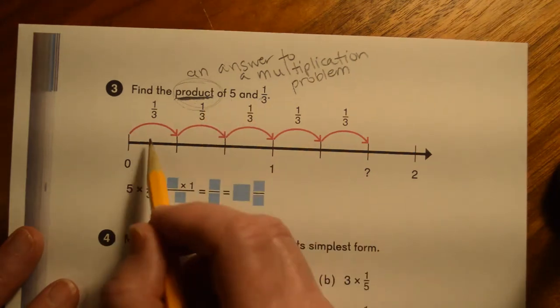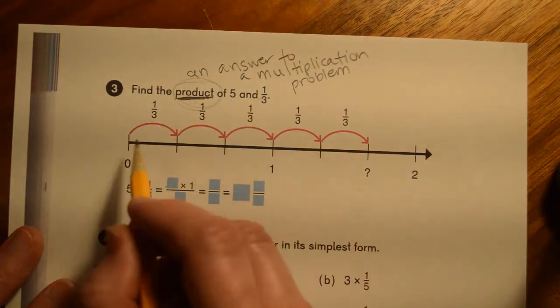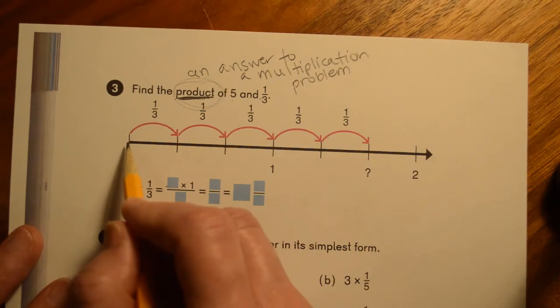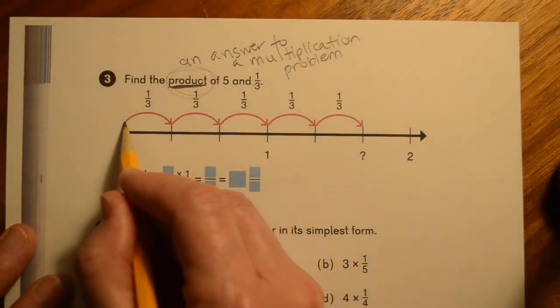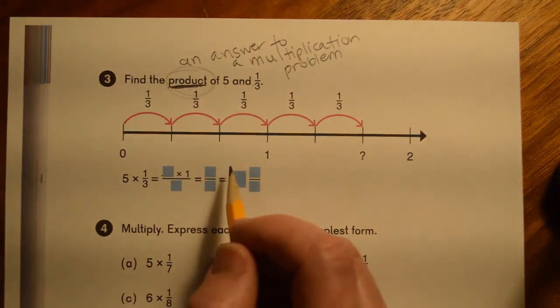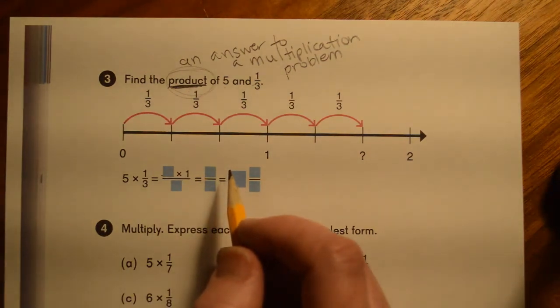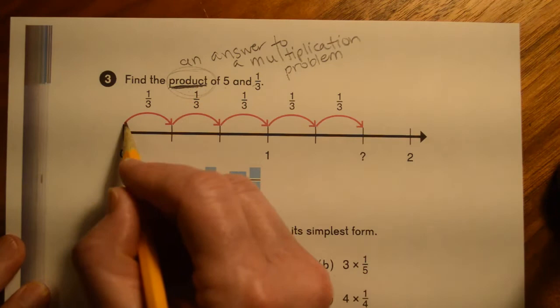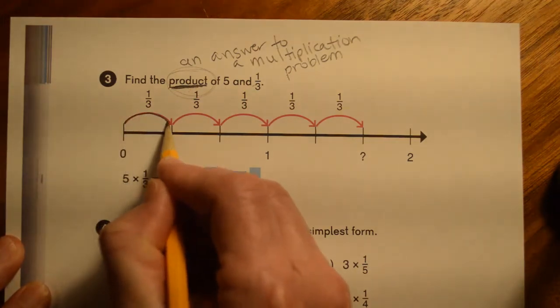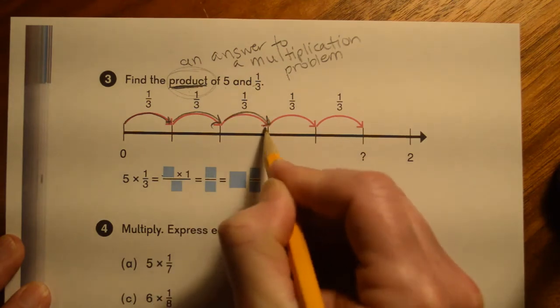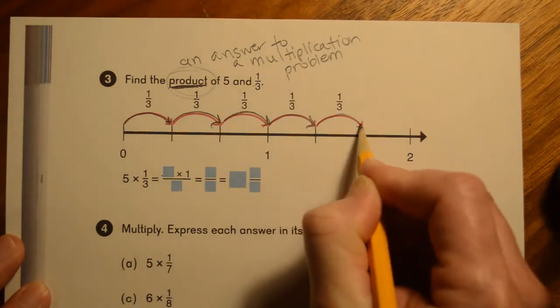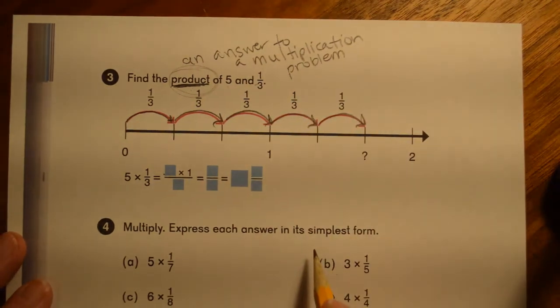So 5 times 1/3, here they're using a number line, all right? Again, lots of different ways to represent 5 times 1/3. So here, it's like if you could walk down the street and each time you took a step, it was 1/3 of a yard, and you took 5 steps. So here's 1, here's 2, here's 3, here's 4, and here's 5, and it wants to know how far have you walked.